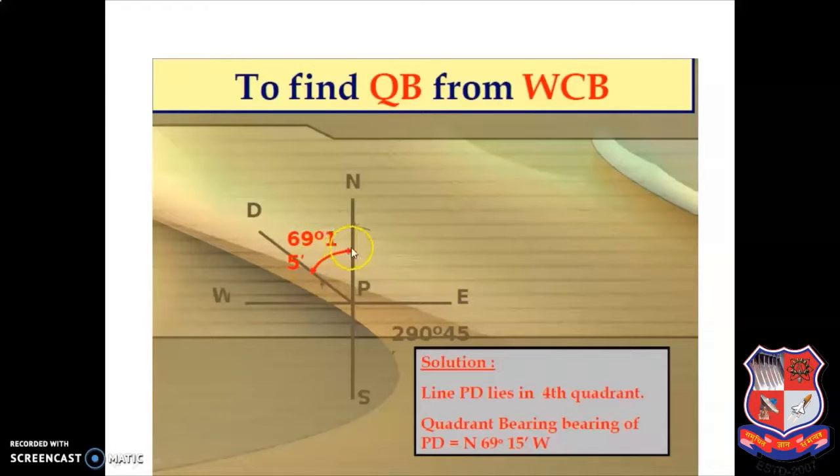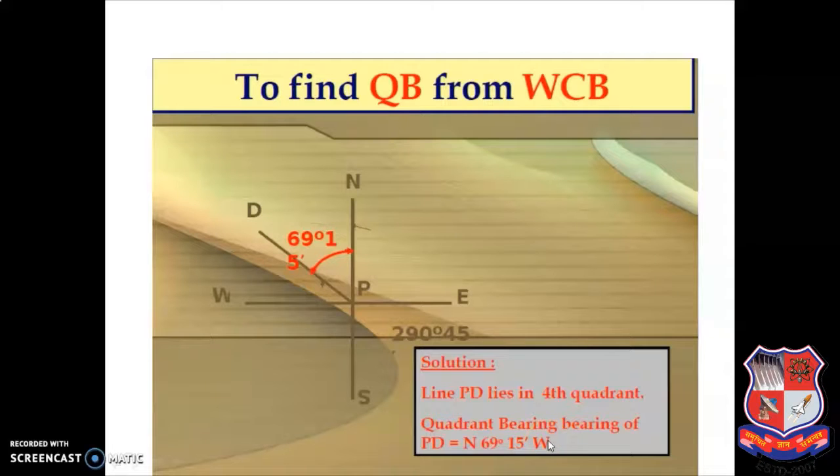And what will be that value? 69 degree 15 minute. And this line approaches toward the north pole. So we have to write it this way: north 69 degree 15 minute west.